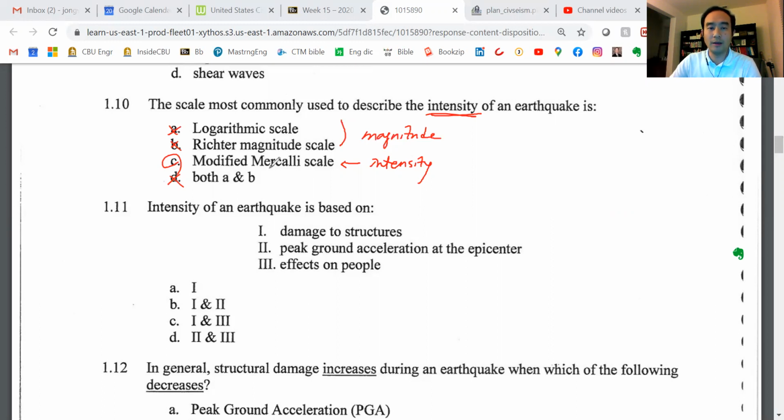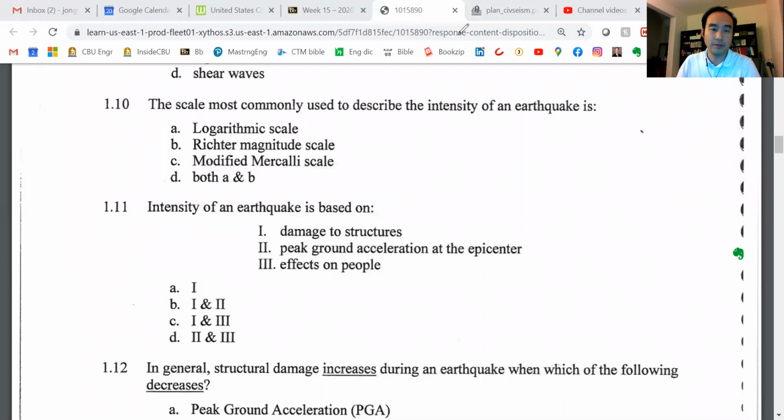While for this MMI intensity measure, you probably remember 1 through 12. Depending on the feeling, or the movement, or observation of the damage or something like that, we classify it into different levels. So that's the difference between magnitude and intensity. So the answer is going to be C.